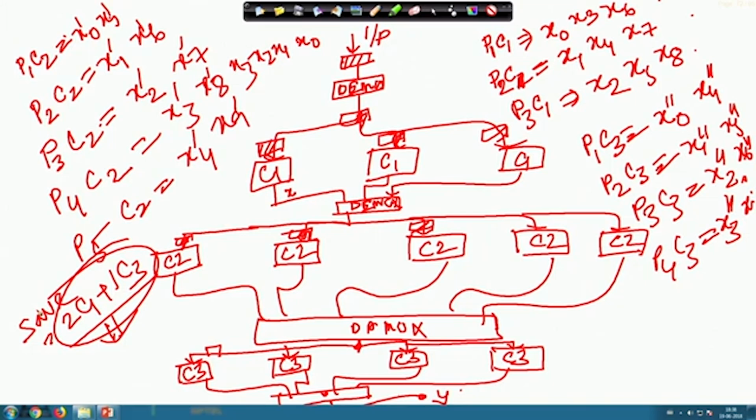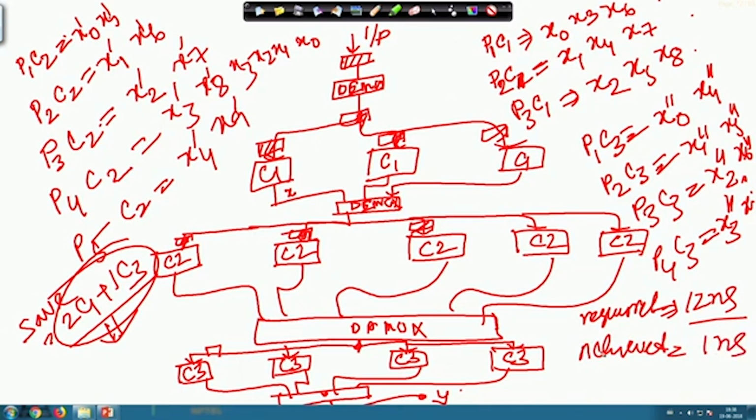Okay. So, initially we have started with what? The clock period requirement for the initial black box was 12 nanoseconds. Now, I have achieved 1 nanosecond of clock period. And along with that, the blocks are 3 C1, 5 C2 and 4 C3.